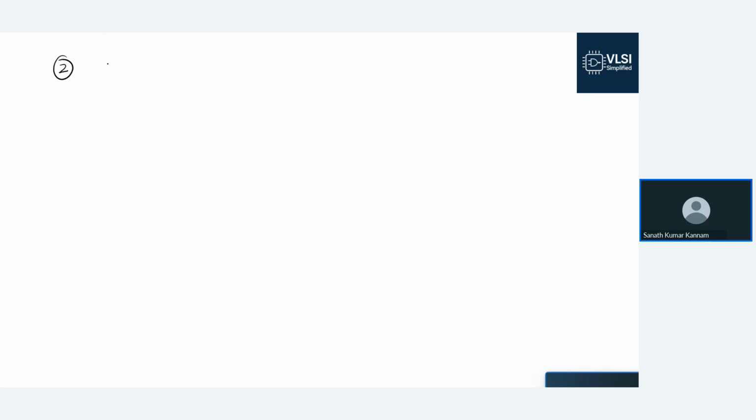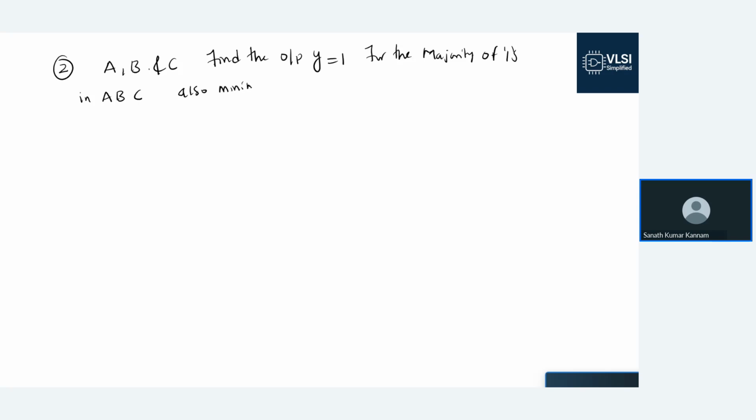If you have three variables A, B, and C, find the output Y. Find the output Y equal to 1 for the majority of ones in ABC. Also minimize the expression.